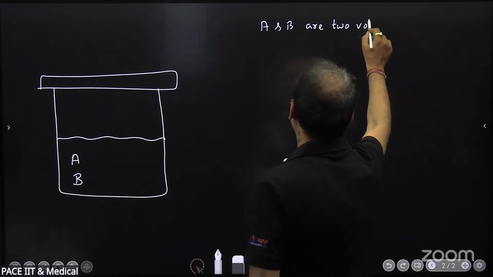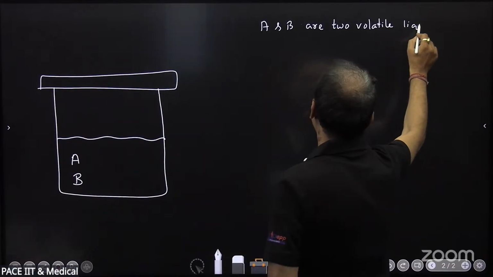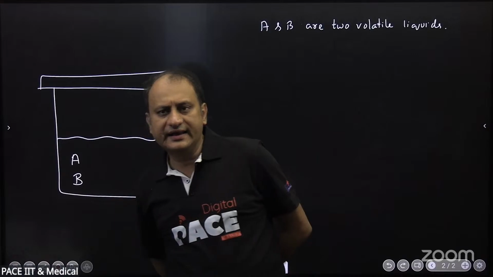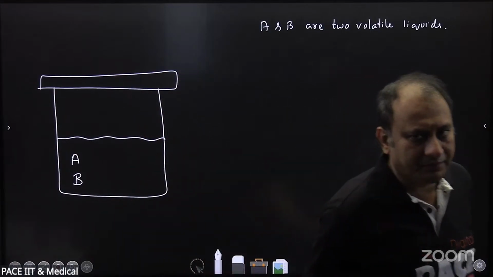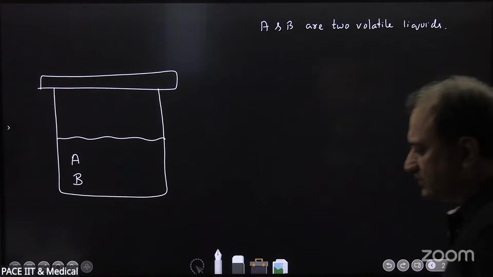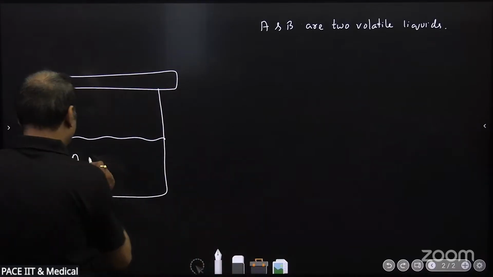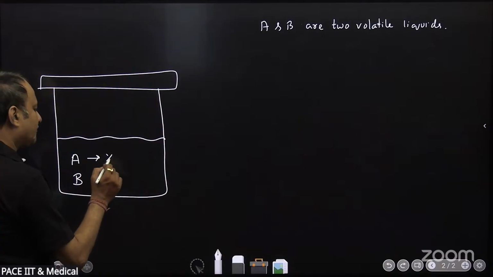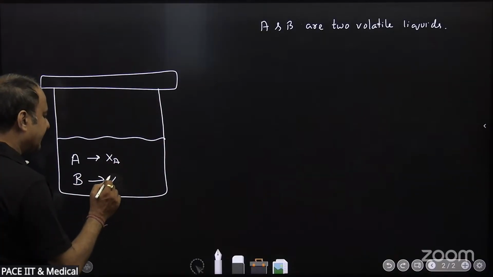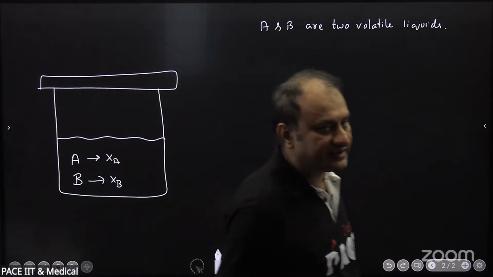Volatile liquids means both can evaporate, both will evaporate. So let's say we make a solution of A and B, in which mole fraction of A is XA and mole fraction of B is XB.